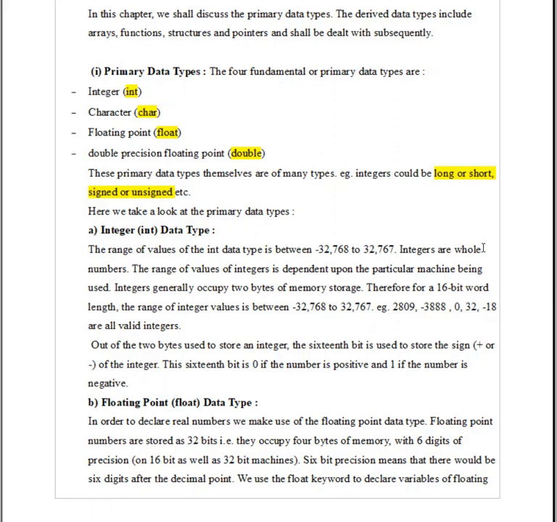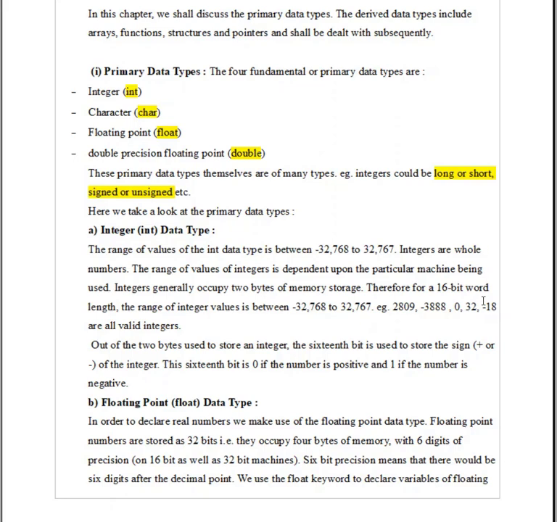This range also depends upon the computer, that is, which operating system your computer has or its architecture: 8-bit, 16-bit, 32-bit or 64-bit. According to that, it will have the size of the data.